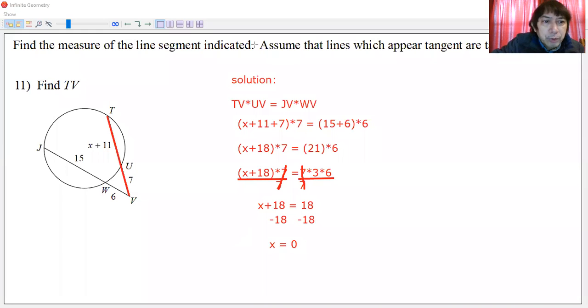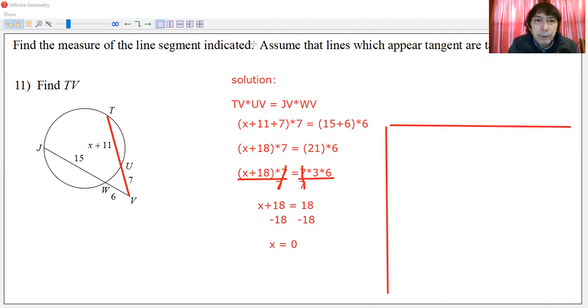We will not stop there. We're about to compute for segment TV. We will do it over here. So this will now be solved for TV. Now TV is equal to x plus 11 plus the 7.